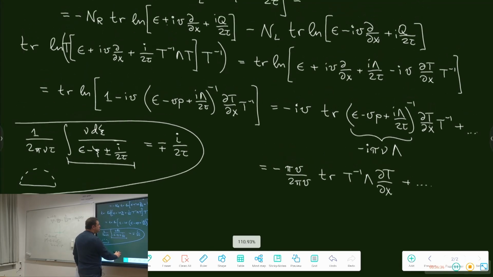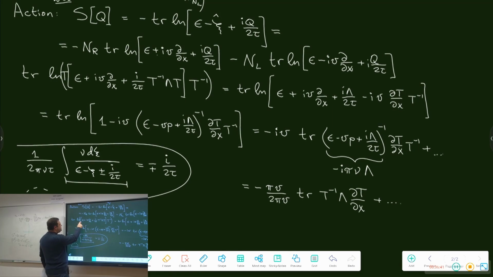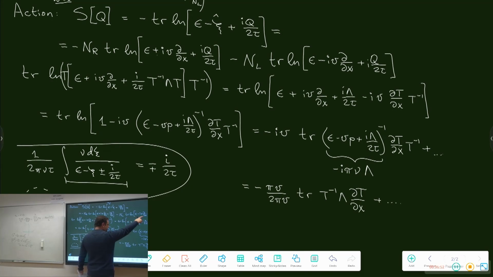So I have computed just one trace of this type, but actually I have n right such traces here, and n left similar traces here, but with the opposite sign.